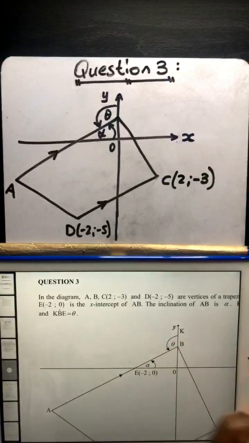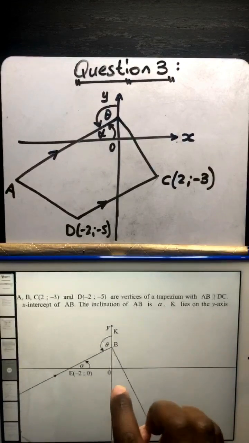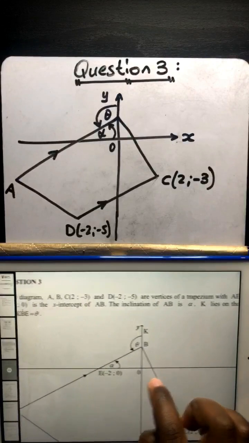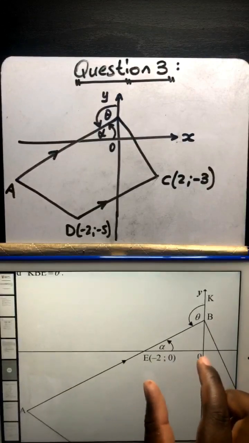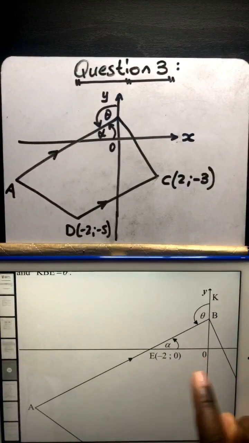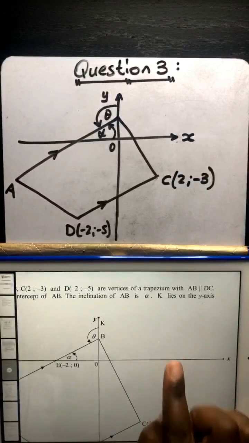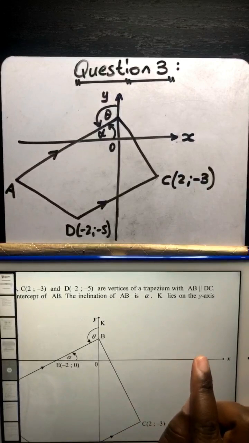They say E, having the coordinates (-2, 0), is the x-intercept of AB. The inclination of AB is alpha. K lies on the y-axis.